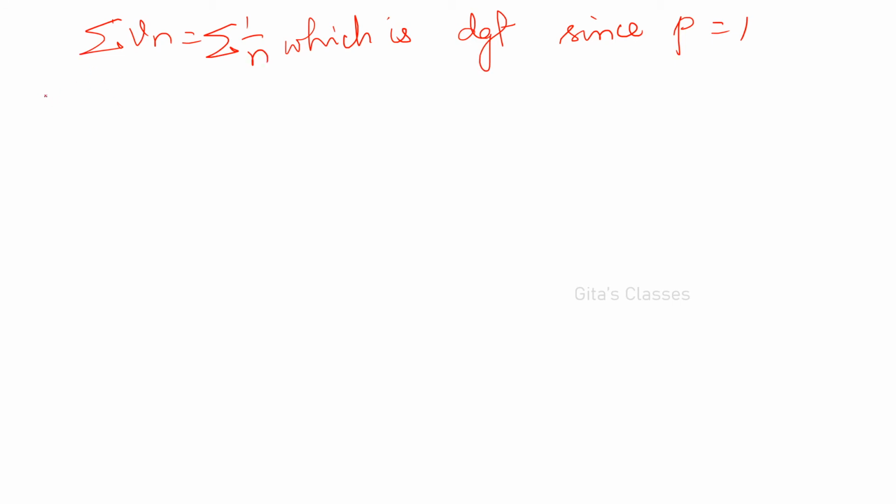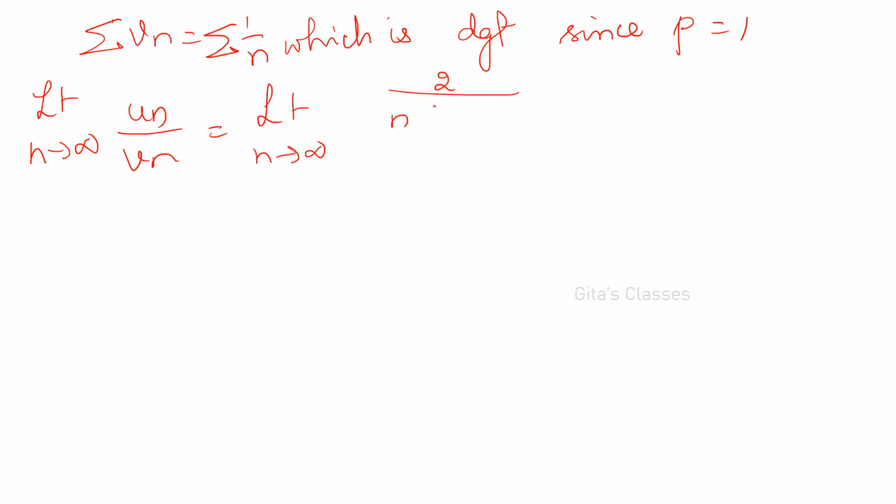Now what is the next step? Limit n tends to infinity, un by vn you have to find out. What is un? We'll write 2 by n into root of 1 plus 1 by n squared plus root of 1 minus 1 by n squared, the whole divided by 1 by n.